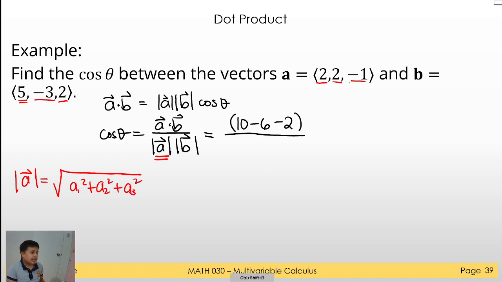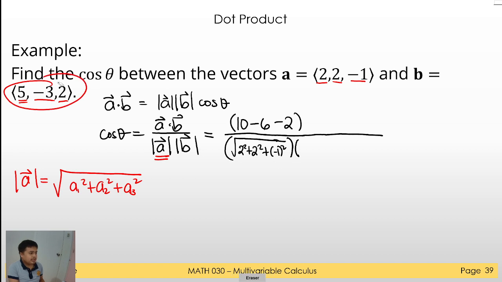Therefore, the length of A is the square root of 2 squared plus 2 squared plus negative 1 squared. And then multiplied by the length of B, the square root of the sum of the squares, so 5 squared plus negative 3 squared plus 2 squared.